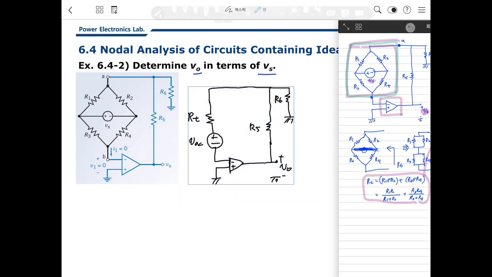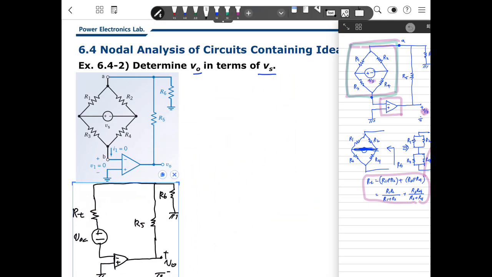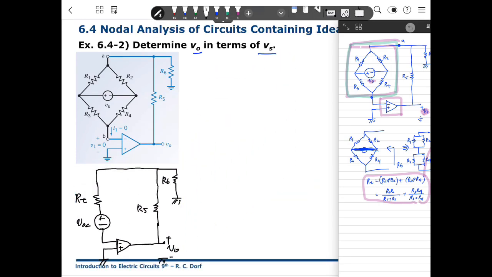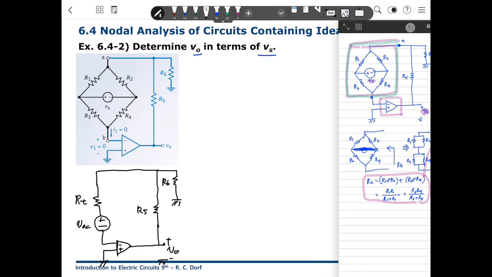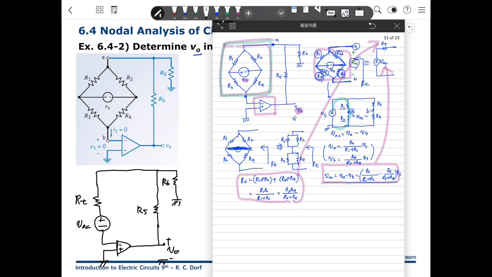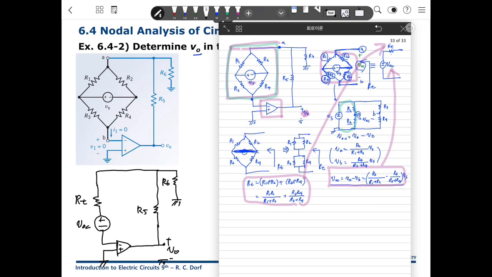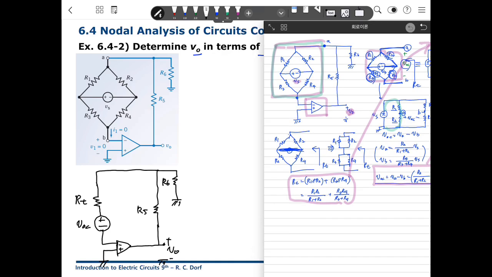So the problem will change. But here RT is R1 R2 over R1 plus R2, plus R3 R4 over R3 plus R4.